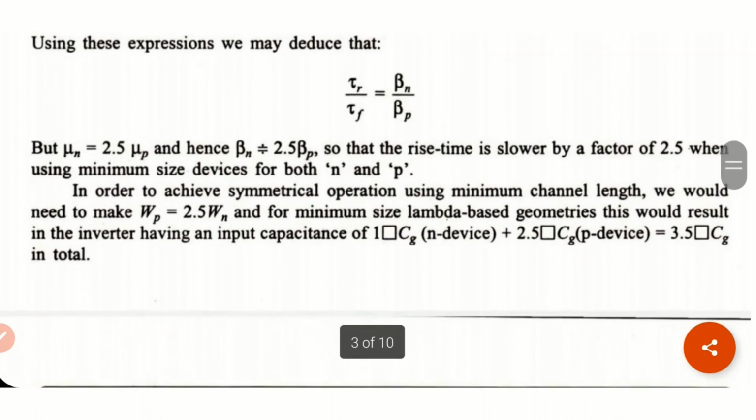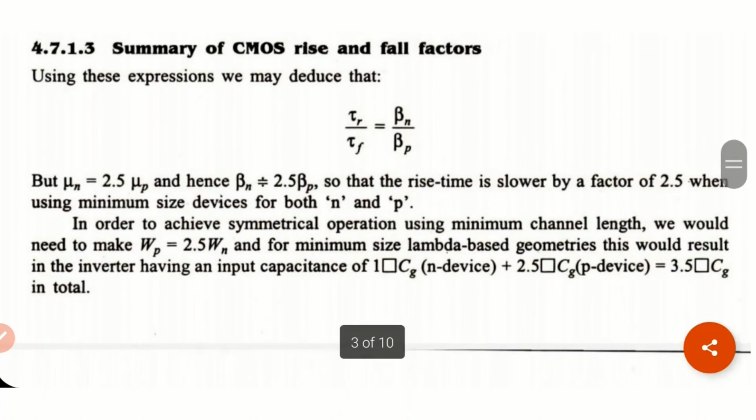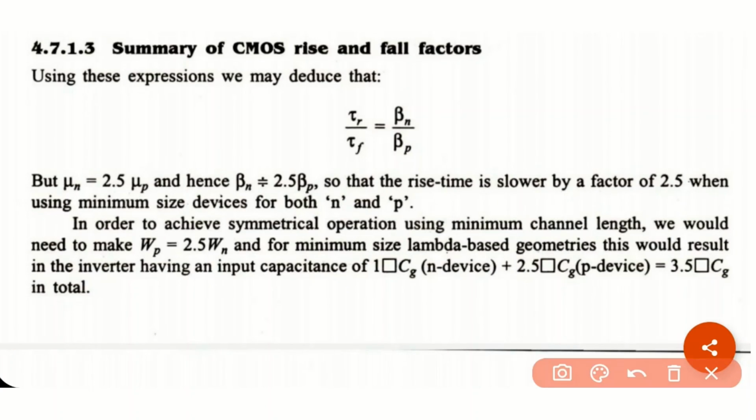And this tau r will be equal to 2.5 times tau f. Clear? This is what is concluded here. We considered the CMOS inverter delay, rise time estimation and fall time estimation.